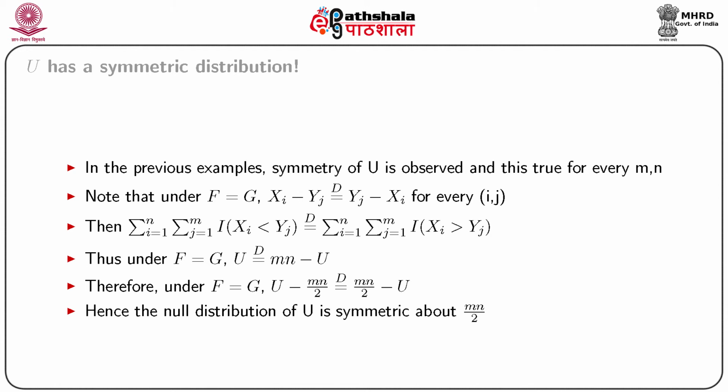Since the summation of indicator xi greater than yj is nothing but mn minus U, we have under f equal to g, U and mn minus U have the same distribution. That is, U minus mn by 2 and mn by 2 minus U have the same distribution. Therefore, the null distribution of U is symmetric about mn by 2. Then, it doesn't matter whether we use the differences xi minus yj or yj minus xi while performing tests of hypothesis.